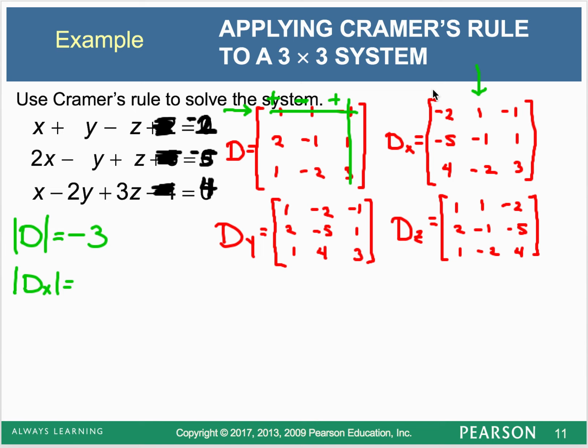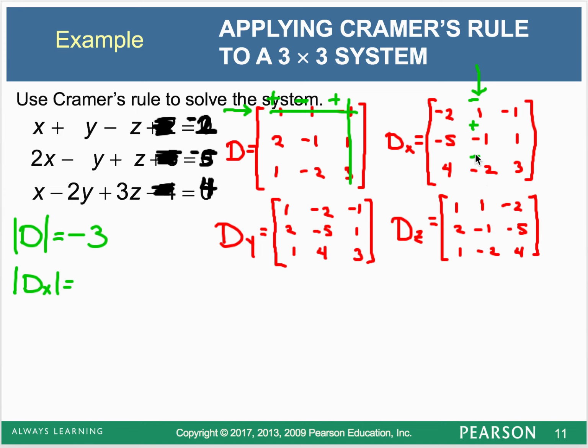So don't forget plus, minus, plus, minus, plus, minus, plus, minus, plus. They'll all alternate. Once you decide what your starting one is, wherever you're going, up or down, they'll alternate.